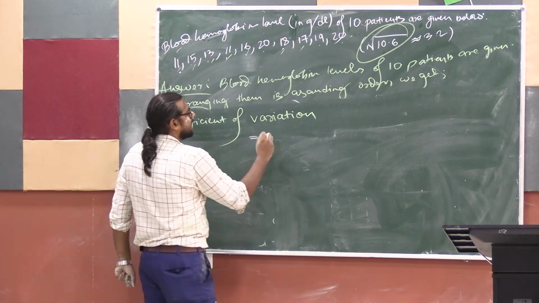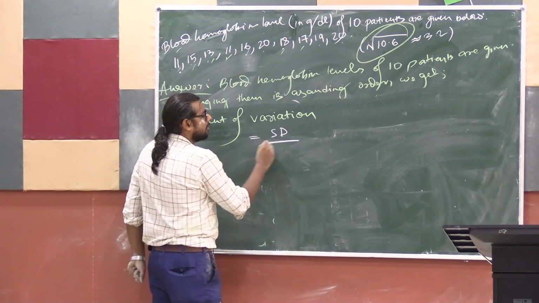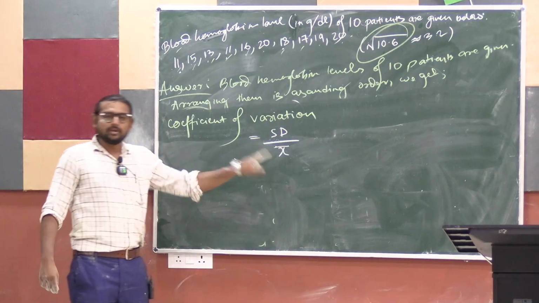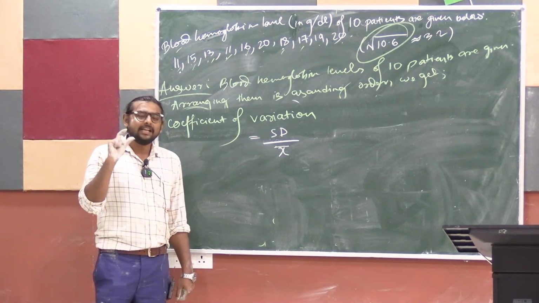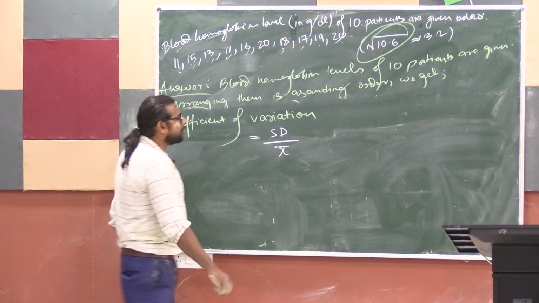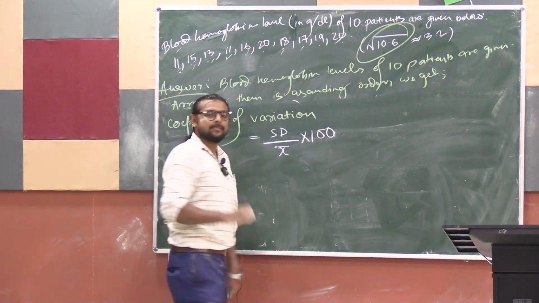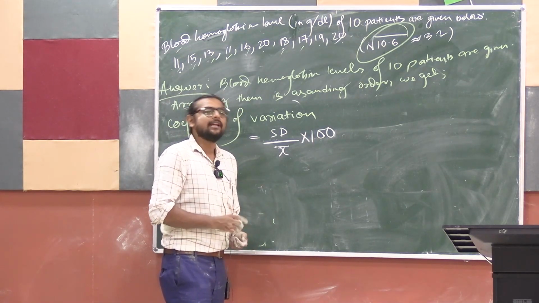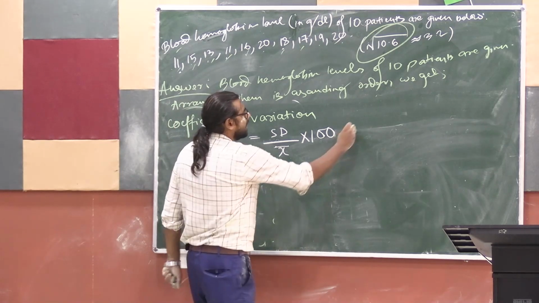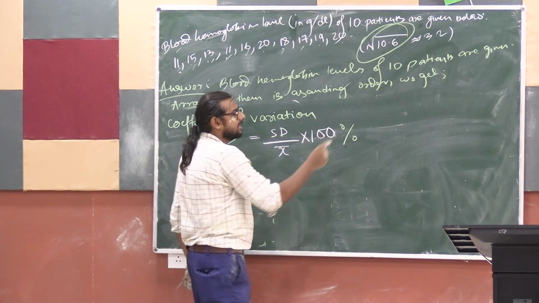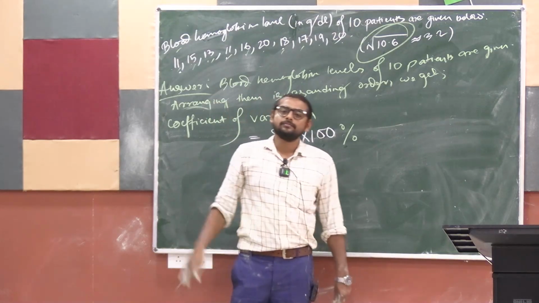What was the formula? Standard deviation by mean. This is the actual formula, but the value usually comes out to be very small. Okay. So what do we do? We multiply that by 100, and once you multiply something by 100, what does that signify? It is a percentage value. So we write a percentage sign here. If you multiply by 100 and forget the percentage sign, half marks gone. Got it?